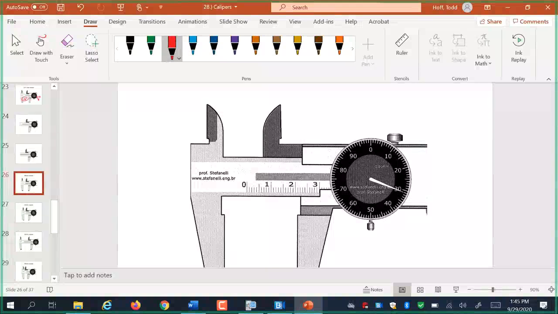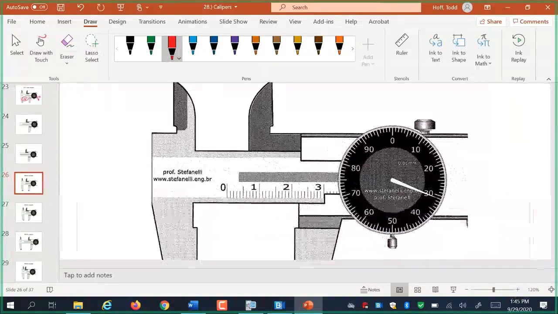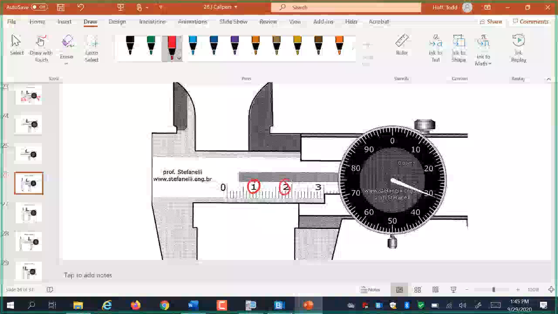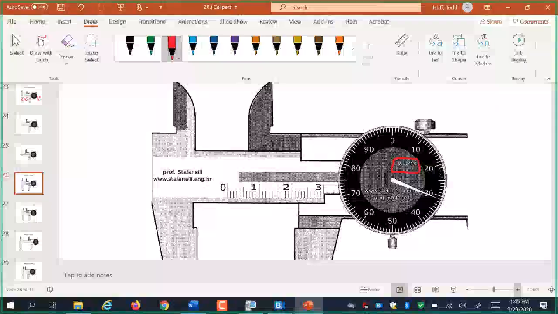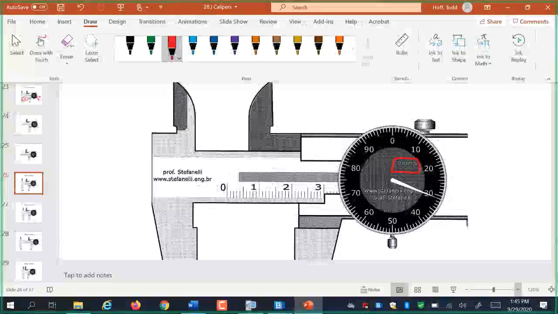So here's a metric caliper. In the metric caliper, the main scale, these are centimeters. That's 1 centimeter, 2 centimeters, and 3 centimeters, and so on. The problem is, if you look at the dial, that's 0.01 millimeters. The dial's in millimeters, and the main scale is in centimeters.